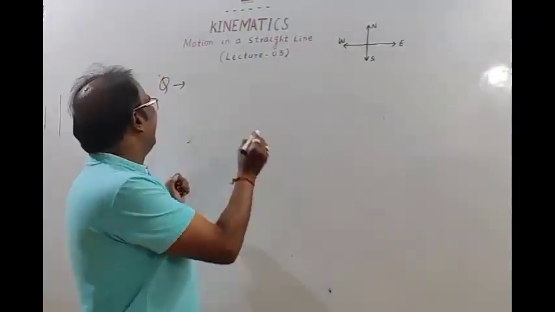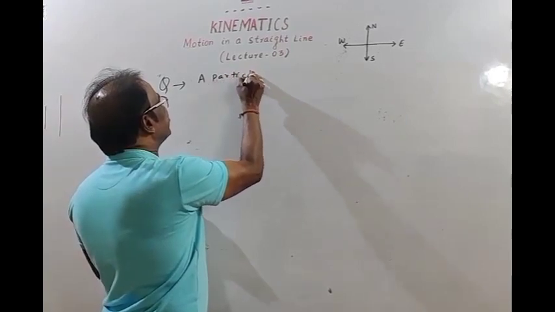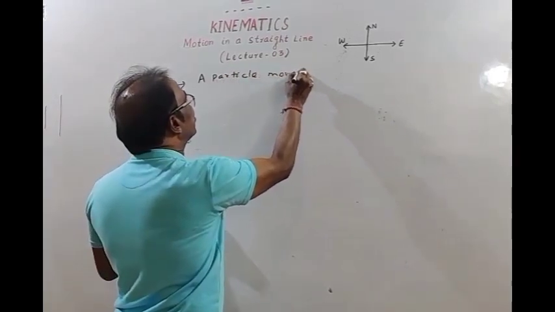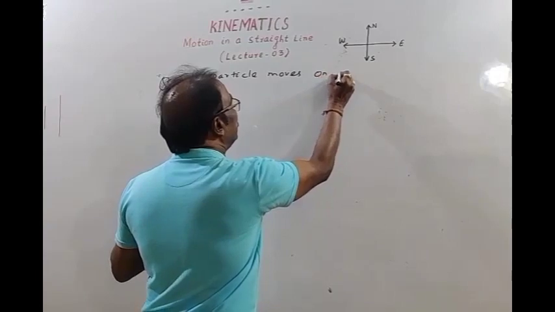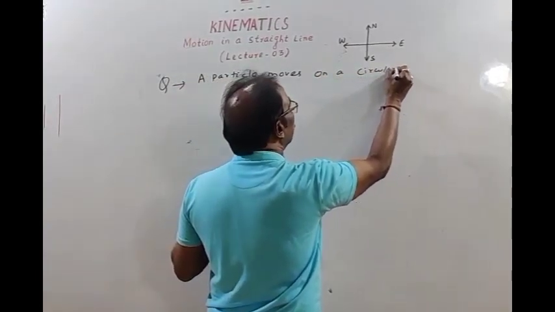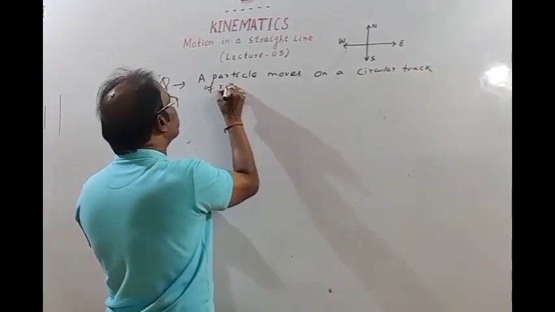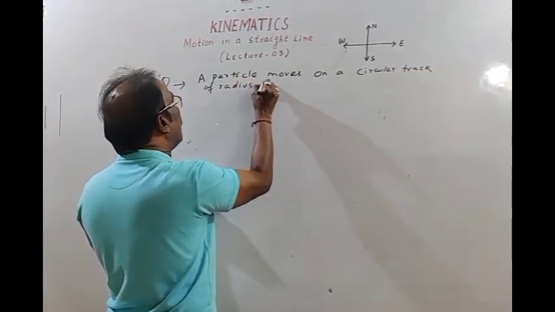A particle moves on a circular track of radius r.